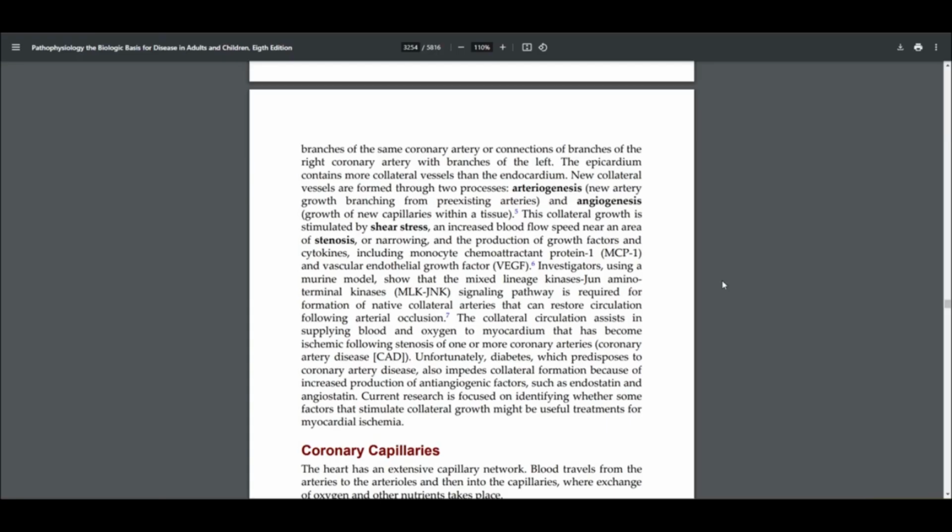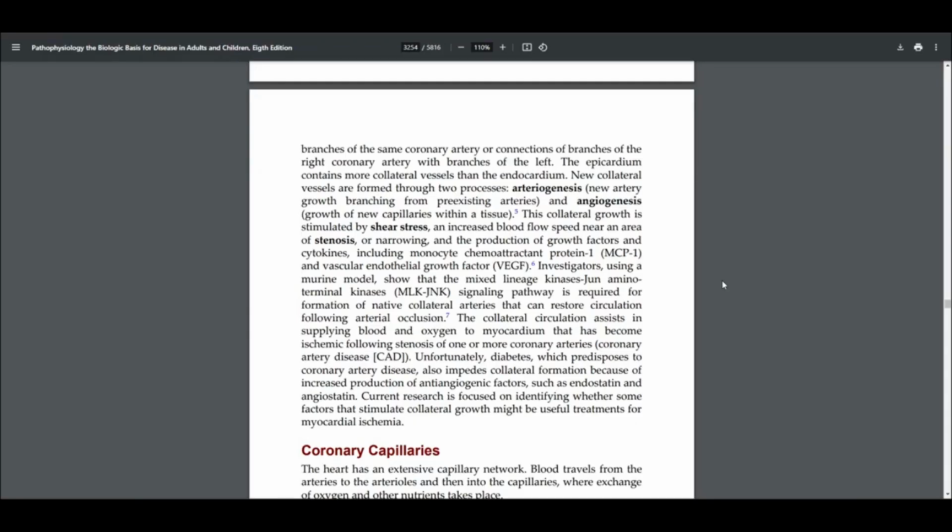So, that is why it is much better to have a heart attack or any kind of stenosis when you're older in age versus younger in age, because we can use that lifelong growth factor, our vascular endothelial growth factor and that MCP-1, that monocyte chemoattractant protein 1, to create these, what do they call them here?